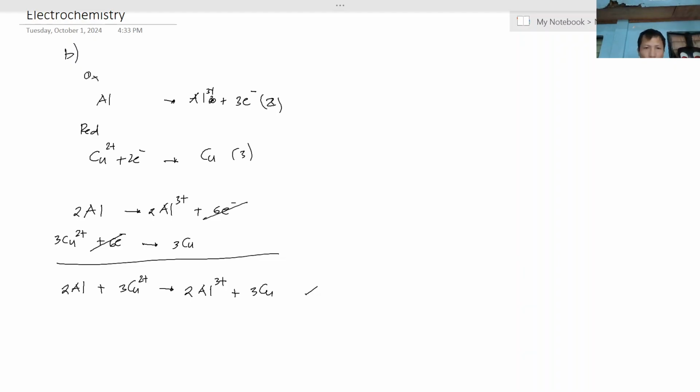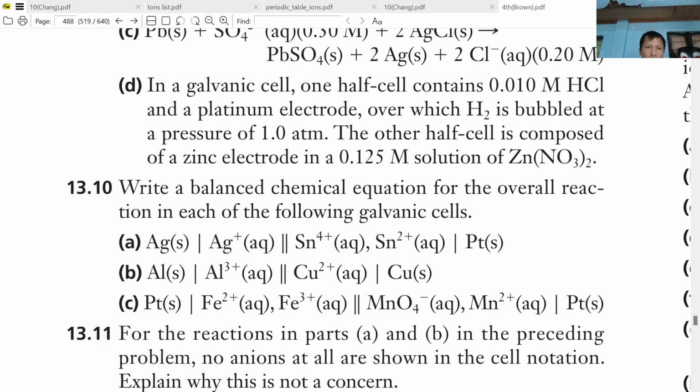How about for letter C? You have platinum. Both of the electrodes are platinum. But as you can see, your platinum doesn't take part in the oxidation-reduction reaction. So meaning we only have to write iron. Fe2+ and Fe3+ for the oxidation.